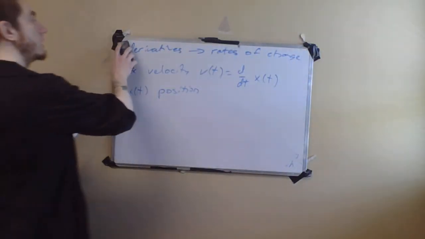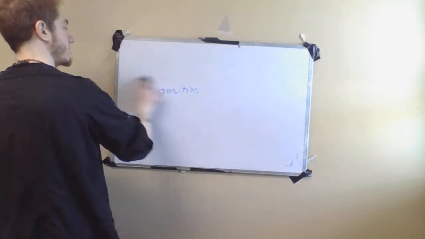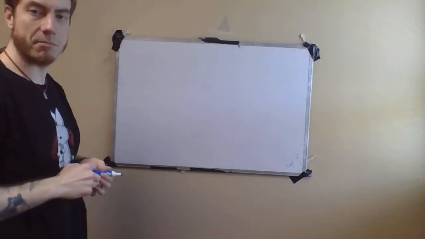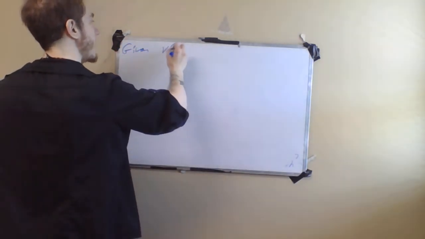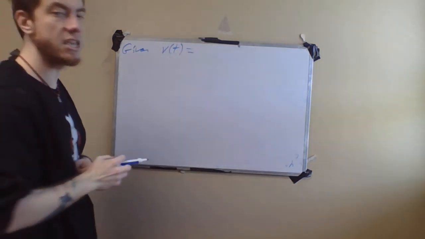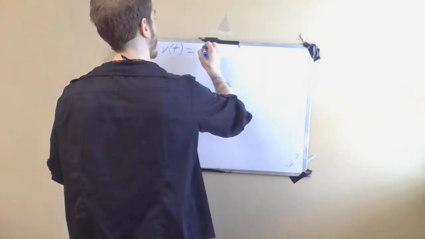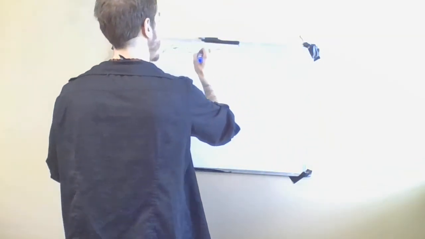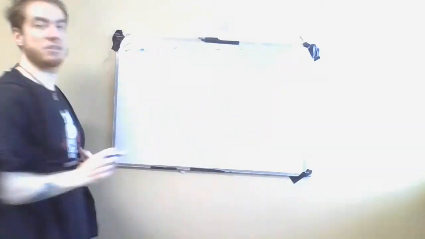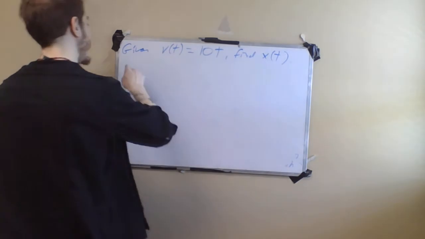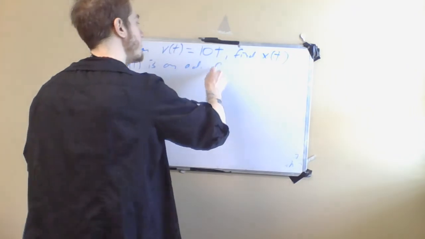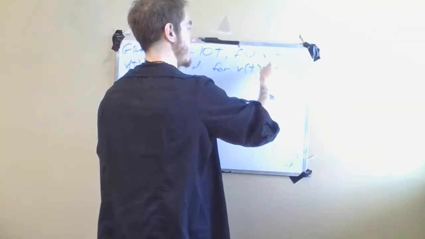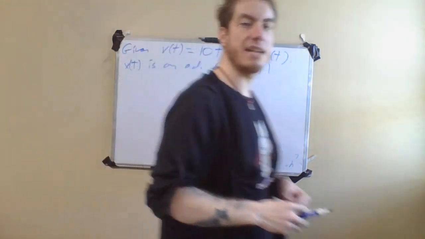So, for example, to give you a fairly straightforward example, given that the velocity as a function of time is equal to, let's say, 10t, let's suppose that we want to find the position as a function of time. Well, x of t is an antiderivative for v of t.